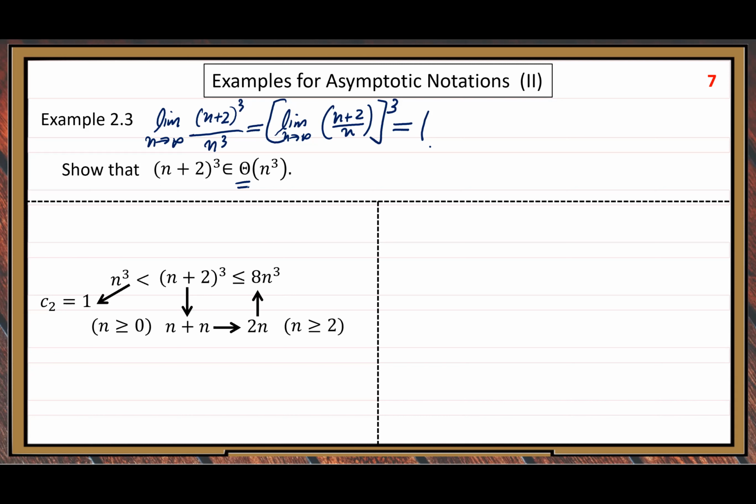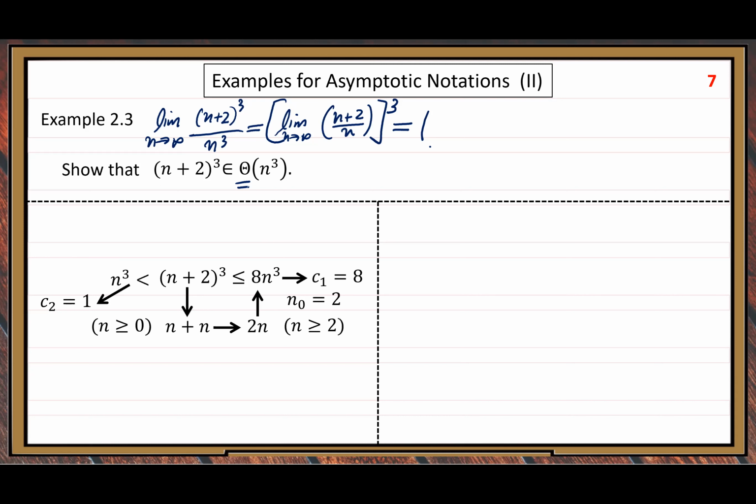So 2n raised to cube is 8n cubed. Here, C1 equals 8, C2 equals 1, and n0 equals 2. So then we can make the conclusion after this.